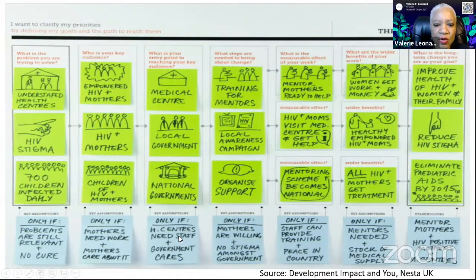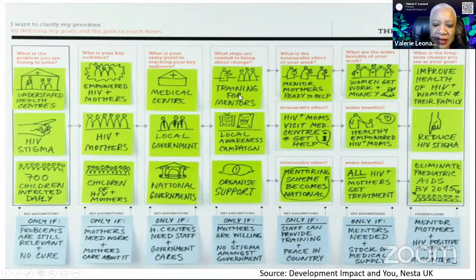So they're not going to have women volunteering in these medical centers offering support to other women if the health centers don't need staff. And they're not going to deal with this problem if the government doesn't care enough to share resources.